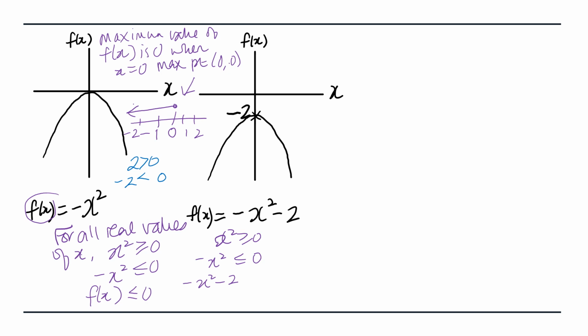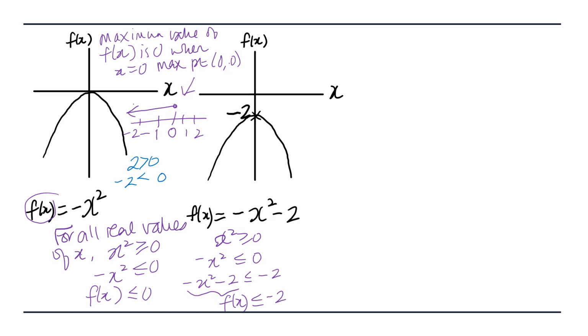If you subtract or add to both sides of an inequality, you don't have to flip the inequality sign. I'm going to replace negative x squared minus 2 with f(x). So in this case, f(x) is less than or equal to negative 2.